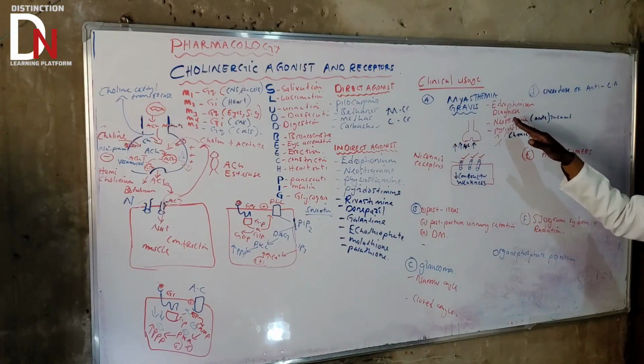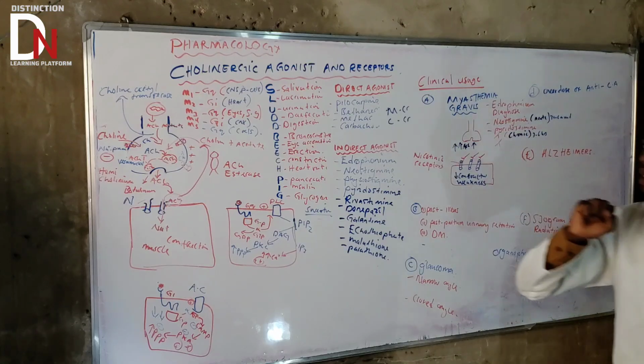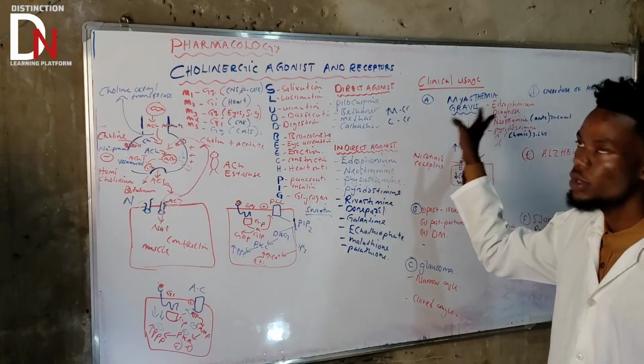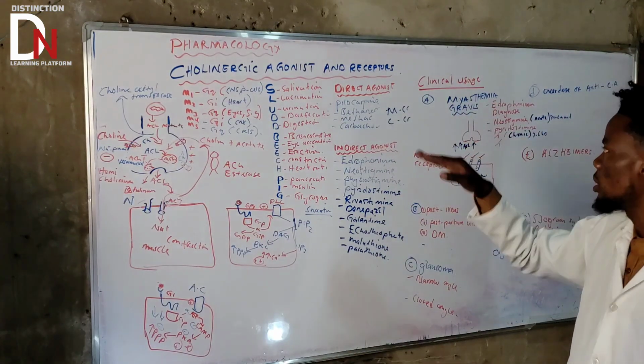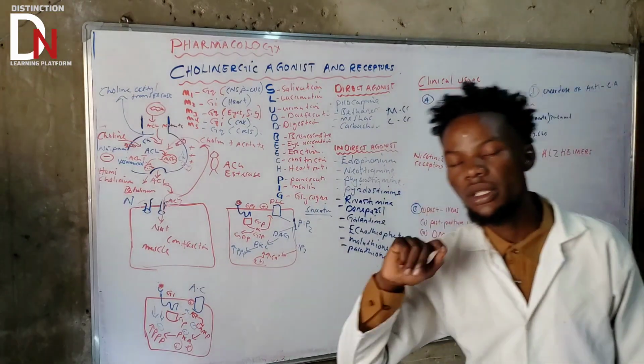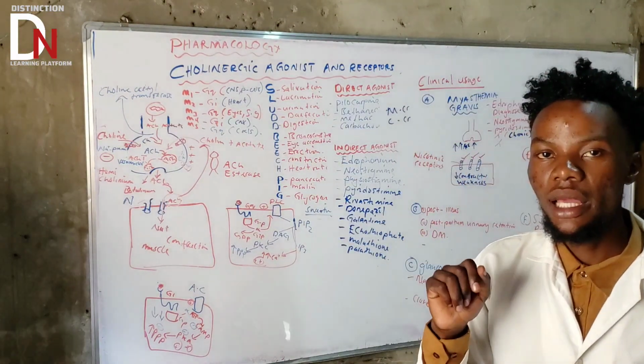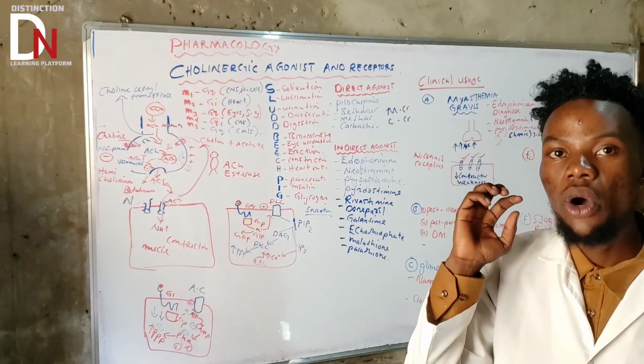First of all, you need to give them edrophonium, so that you can differentiate between the two. Cholinergic crisis is because of the side effect of the drug that you're giving. Myasthenia crisis is because the disease is now worsening.